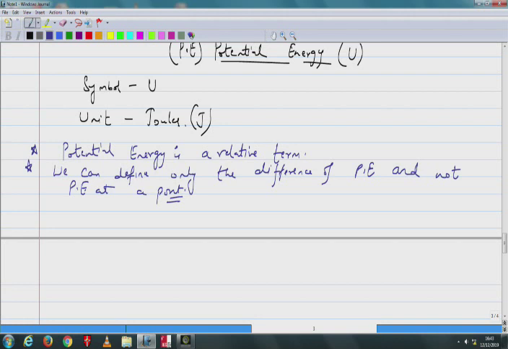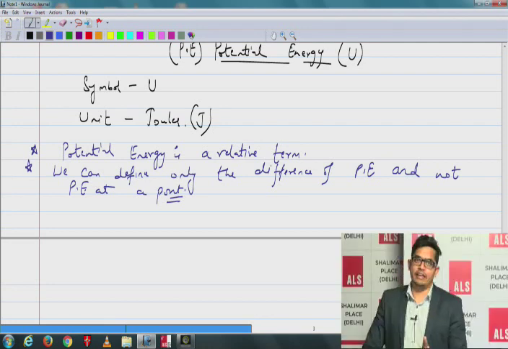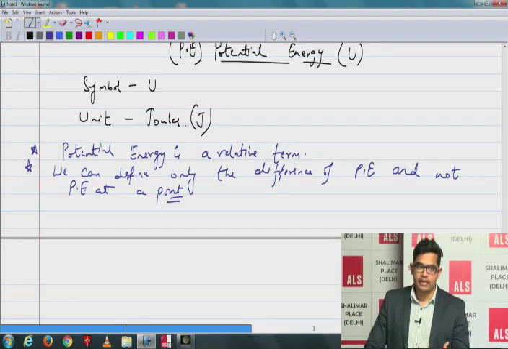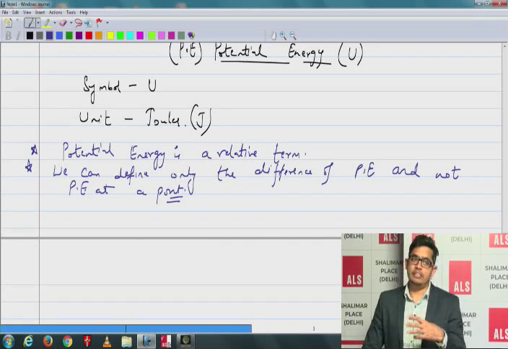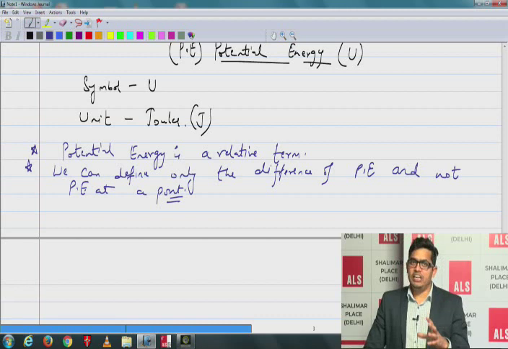And the reason is very simple, because we are defining the potential energy in terms of work done. So it matters from which position to which position you have taken it, isn't it? If you want to calculate work done, it matters what was the initial position, what was the final position, what is the displacement. Because of the same reason, potential energy difference can be defined, not potential energy.